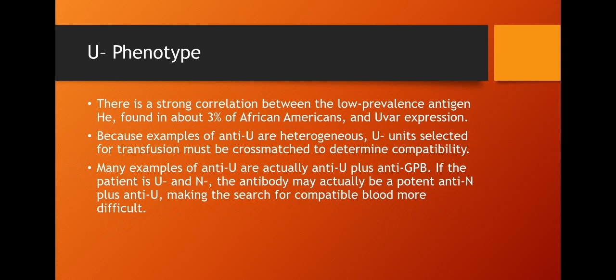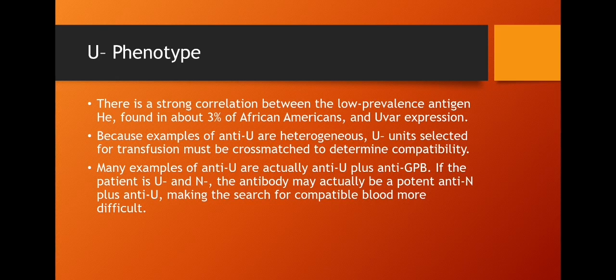There is also a strong correlation between the low prevalence antigen He, found in about 3% of African Americans, and U variant expression. Because examples of anti-U are heterogeneous, U-negative units selected for transfusion must be cross-matched to determine compatibility.